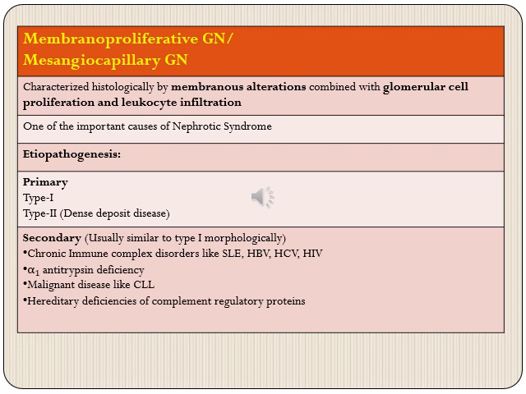Then malignant diseases like CLL and hereditary deficiencies of complement regulatory proteins. So this is the etiopathogenesis. It has two types, primary and secondary. Primary type 1 and secondary have similar morphology, whereas type 2 is a specific entity and it is called dense deposit disease.